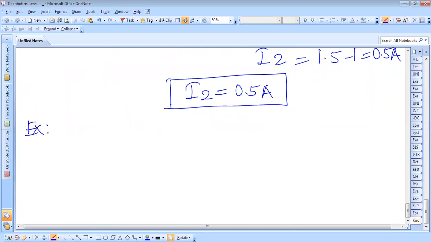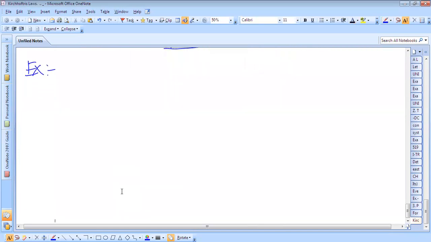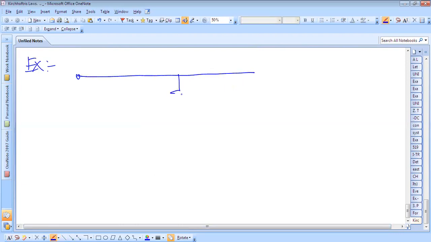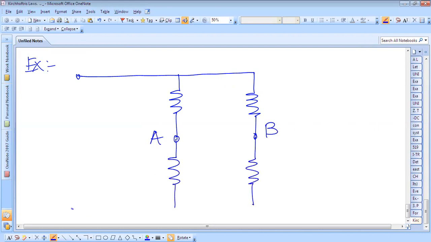Next example is this. The voltage is given, 20 volt.